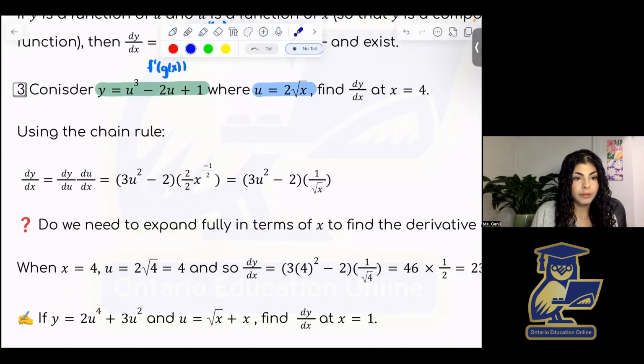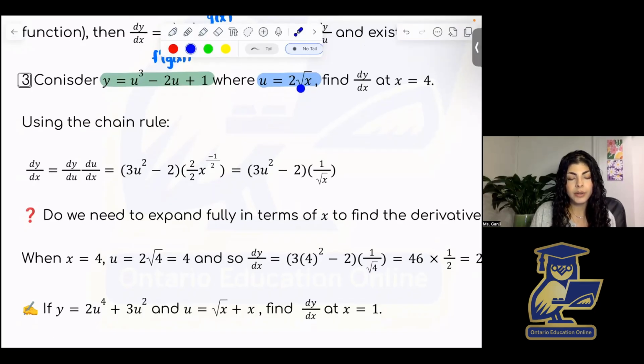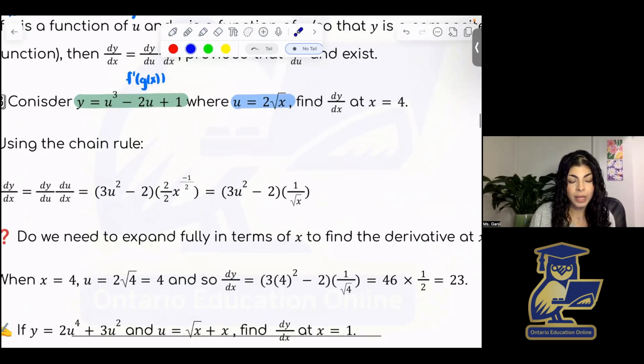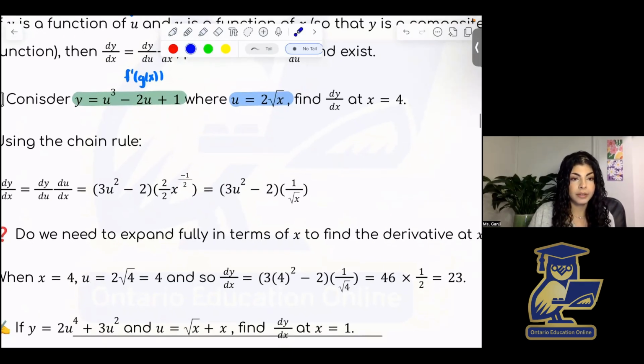We are differentiating d of y by d of x with respect to x, but chain rule tells me that I need to split this into two parts. So first, I'm going to differentiate d of y with respect to u, and then I'm going to differentiate u with respect to x. And clearly here you can see the input variable here is x and the input variable here is u. And that's why we're differentiating with respect to different variables.